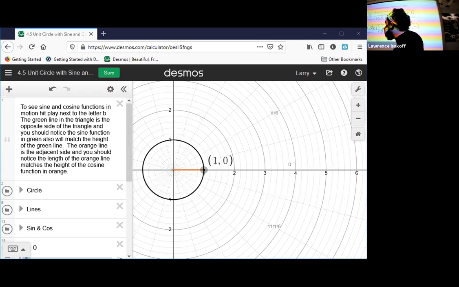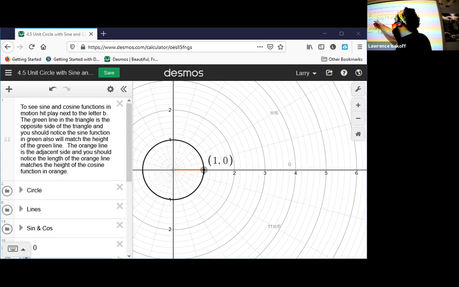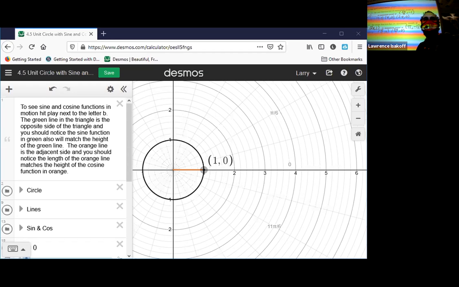Cosine over that same range has two maximums actually, one at 0, comma 1, and another at 2 pi, comma 1. So that's where it starts repeating itself, just like 0, comma 0 to 2 pi, comma 0 in the sine function. This has a minimum at pi, comma negative 1, and x-intercepts where the max and mins were for sine. So at pi over 2 and 3 pi over 2 are zeros for the cosine function.